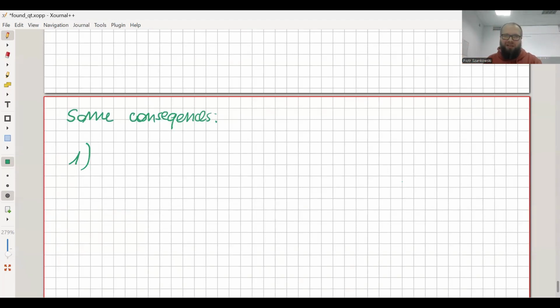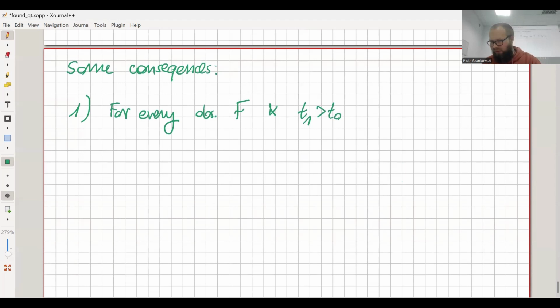So in other words, this principle made us, for every observable f and t1 greater than t0, and every f, including our original K, the fine-grained observable with which we started.